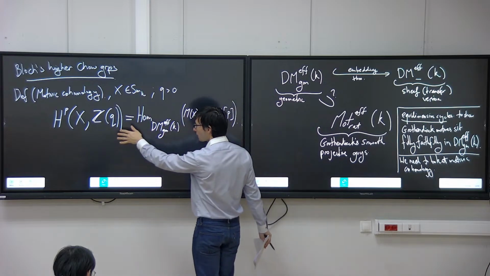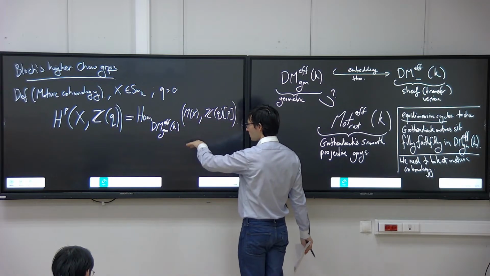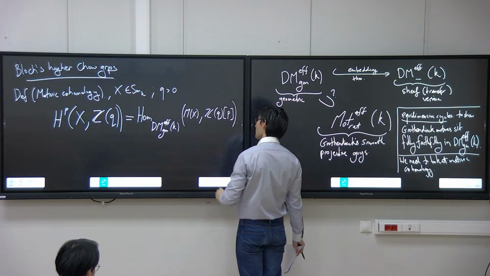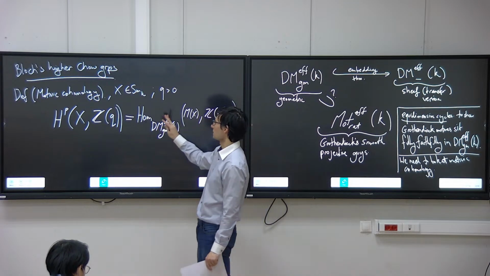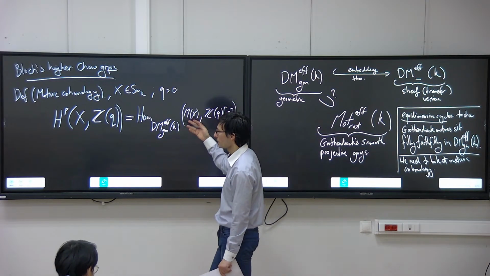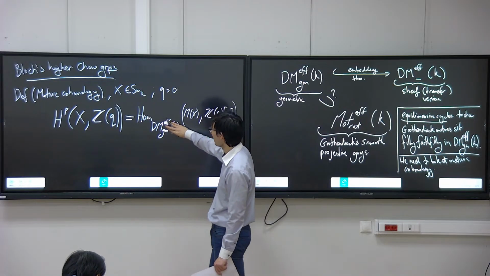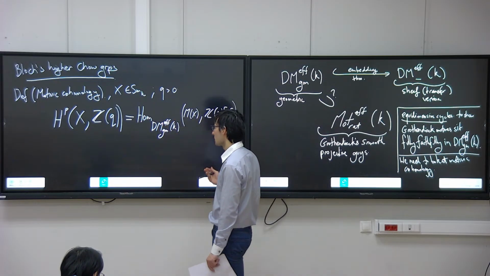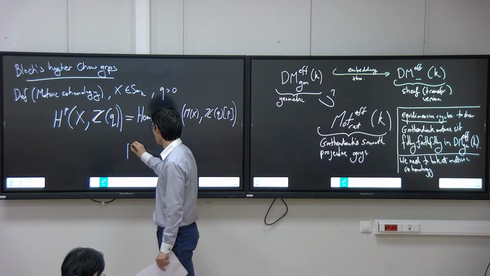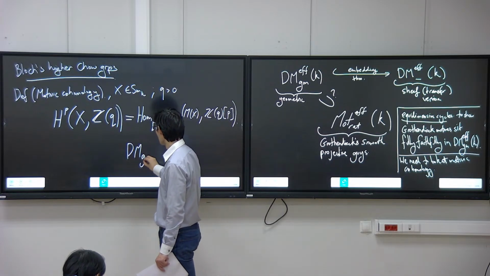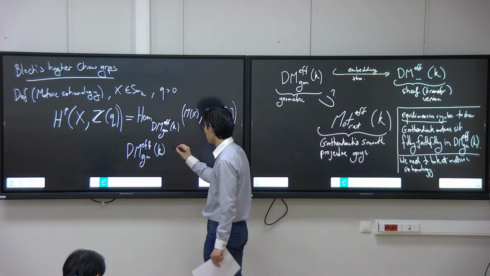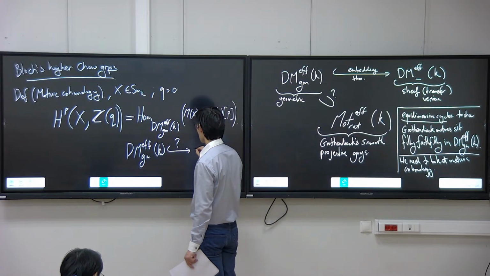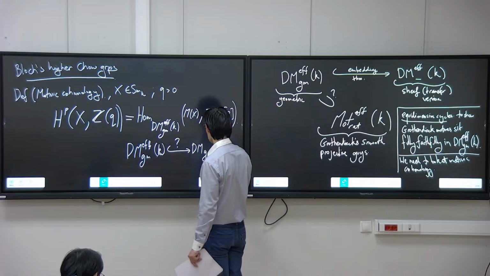So Z(-1) is not in this category. I would need to invert it, and it's a delicate question whether I could write this down for q any integer. In that case I would need to delete effective, but it's a delicate question whether DM geometric motives effective, with Z(1) inverted, actually sits fully faithfully in geometric motives.